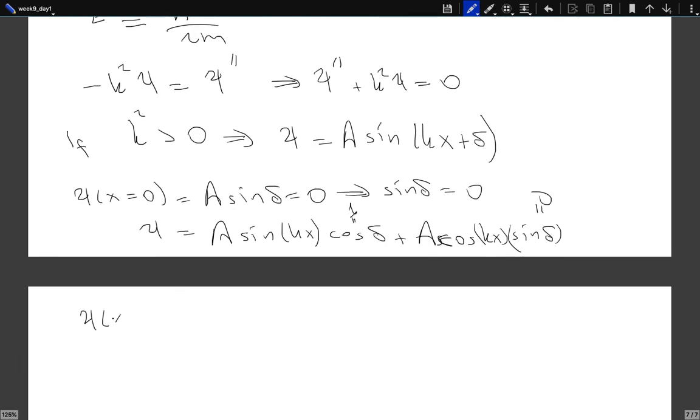Now the other boundary condition at x equals L. This tells me that A times sin kL should be equal to 0. Again, I have two choices. Either A is 0, but if A is 0, I don't have any solution. I'm looking for a non-zero solution. Then sin kL should be 0.